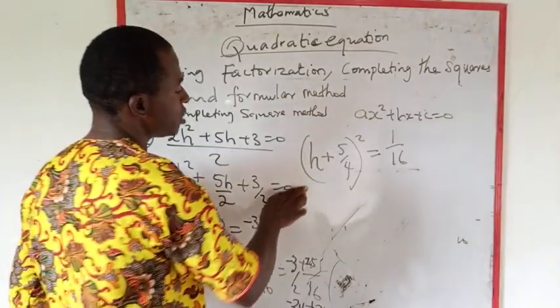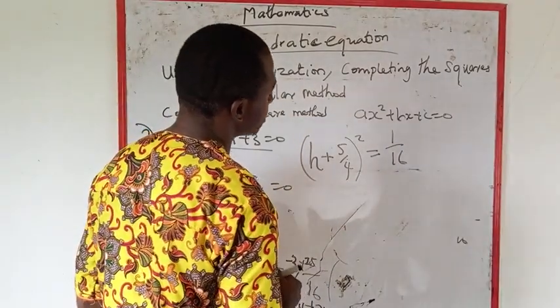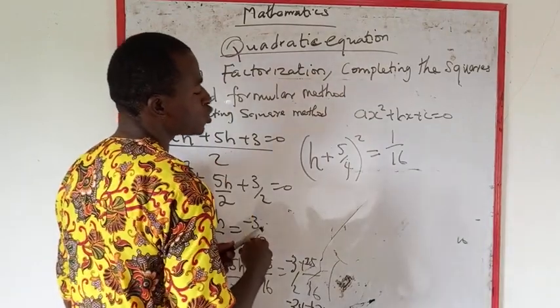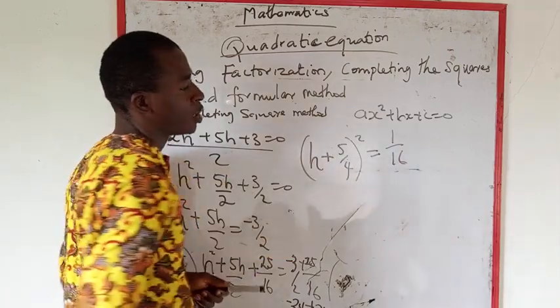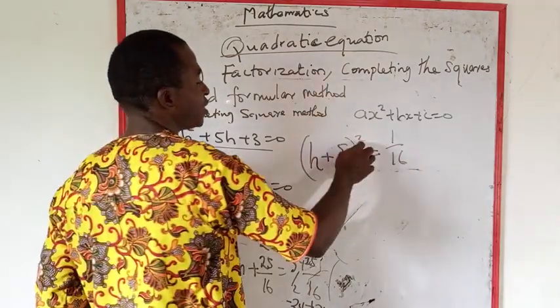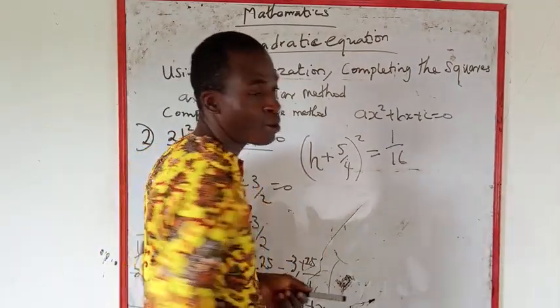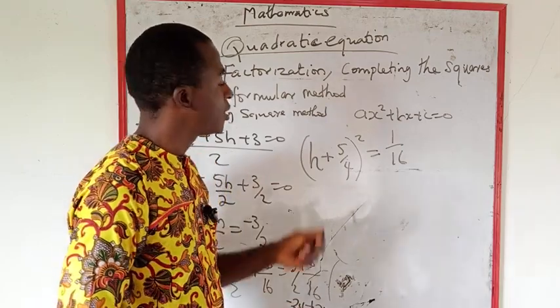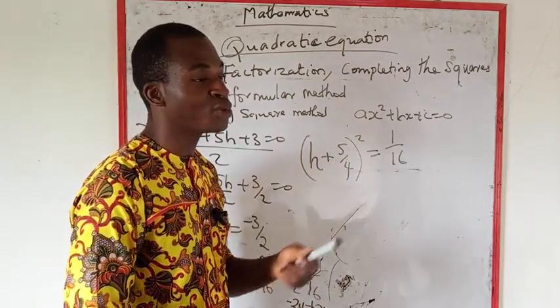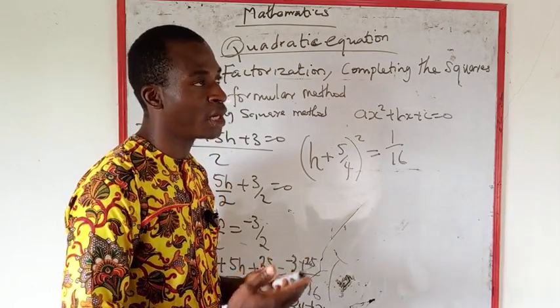So having done this, don't forget that we have to use our initial equation. How do we remove this square? Some people will tell you that this square turns to a square root sign on the other side of the equation. Whatever way you want to put it, no problem. I will try to explain what happened in our initial equations.